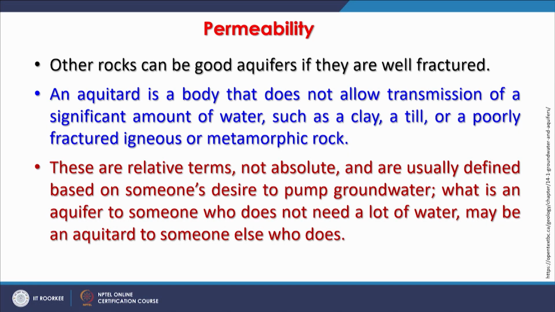So, these are relative terms, not absolute, and are usually defined based on someone's desire to pump groundwater. Which terms? Permeability, hydraulic conductivity and transmissivity. What is an aquifer to someone who does not need a lot of water may be an aquitard to someone else who does. So, it depends on what kind of output from a well is expected.